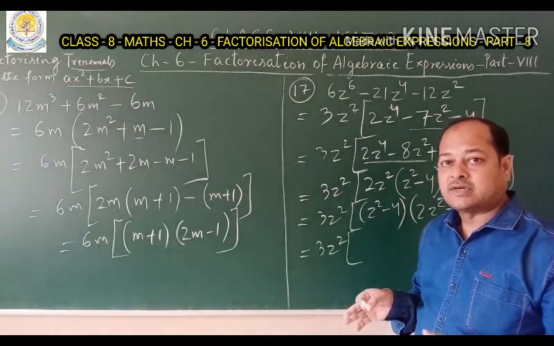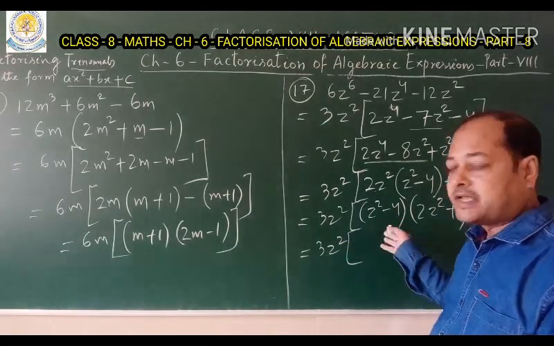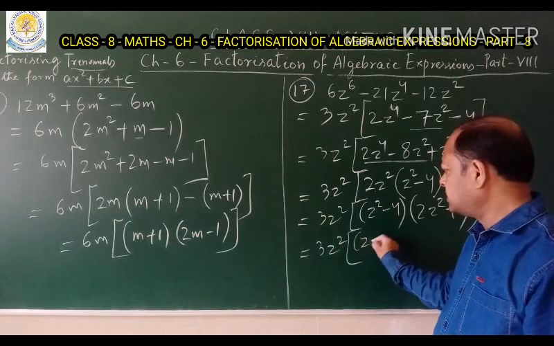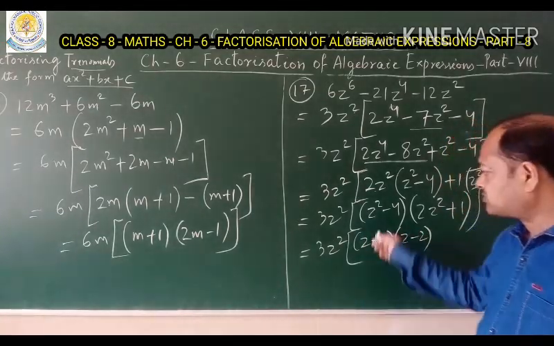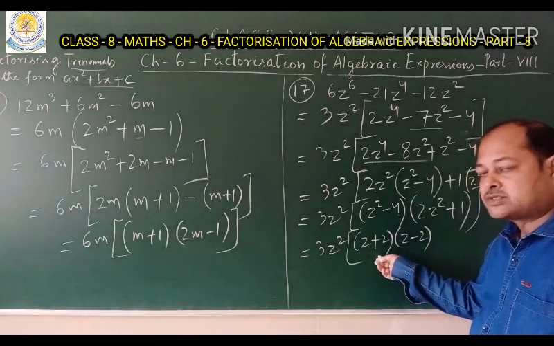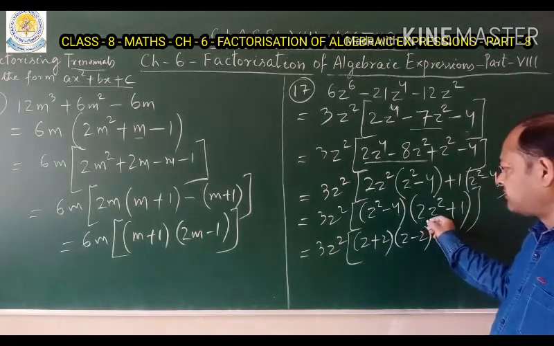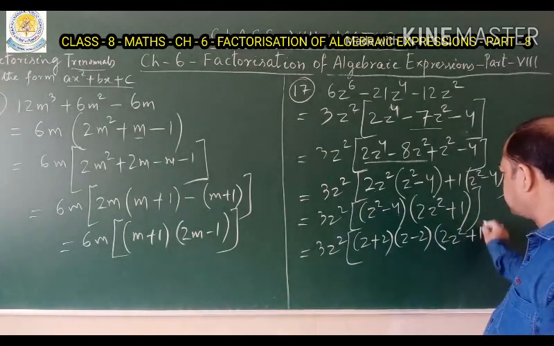A square minus b square is the same as a plus b into a minus b. Same form you apply here. So z square minus 4 becomes z plus 2 into z minus 2, into what is left here? Another factor, that is 2z square plus 1.